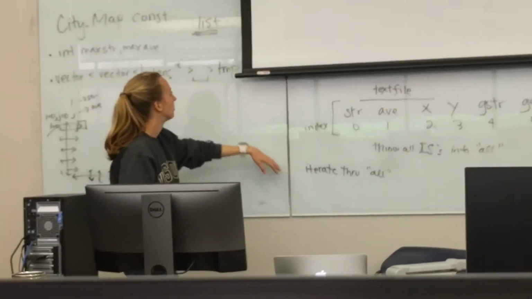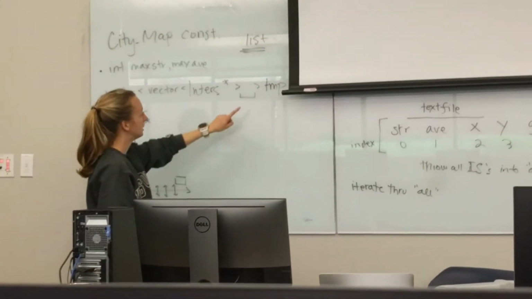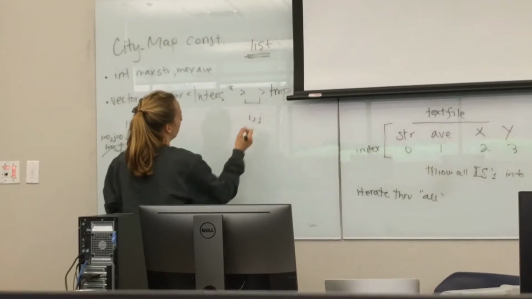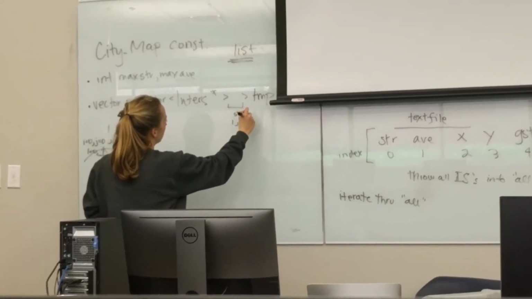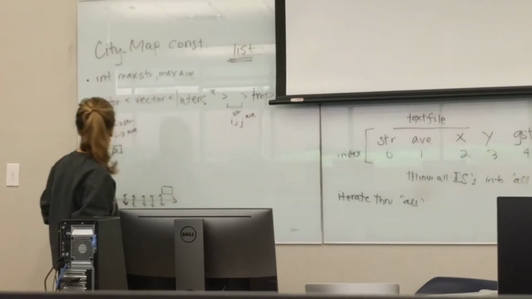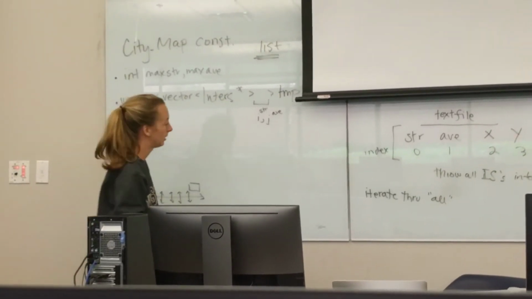So once you have temp filled in completely, what you're going to do is iterate through temp now. I'd use an i and a j, let's do this as street and avenue, and iterate through all of them.